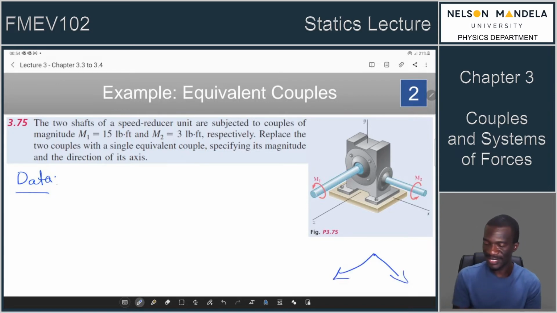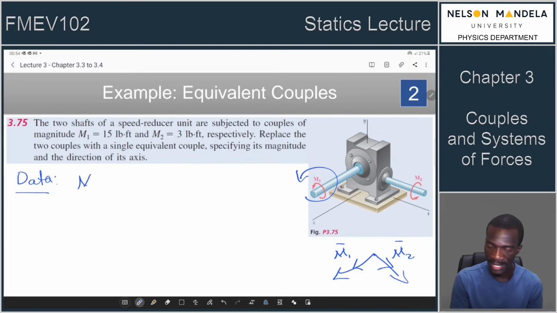Let's look at the directions now. This is rotating in the anti-clockwise, so it is a what? It is a positive moment. So we can say M1 is actually pointing in that direction because it is anti-clockwise about the z-axis. How about the x-axis? We also have an anti-clockwise M2, so that M2 is also pointing in the x direction.